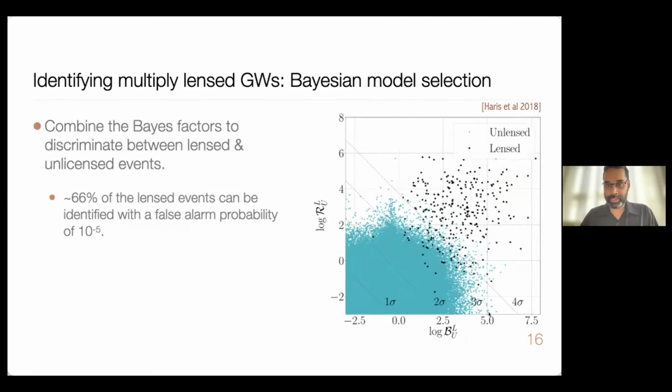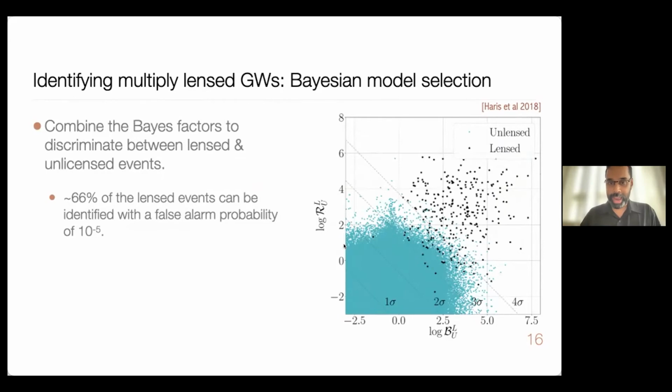This is a result from a simulation. The horizontal axis is a likelihood ratio based on the consistency of the shape of the signals, as well as the location of the signals in the sky. And the vertical axis is the likelihood ratio based on the distribution of time delay between multiple images.